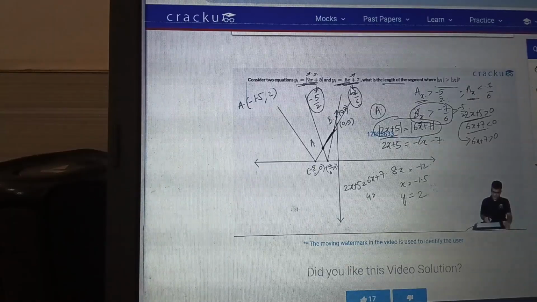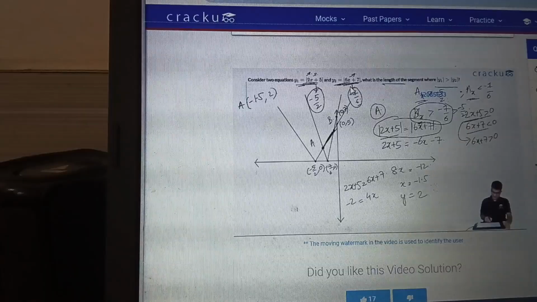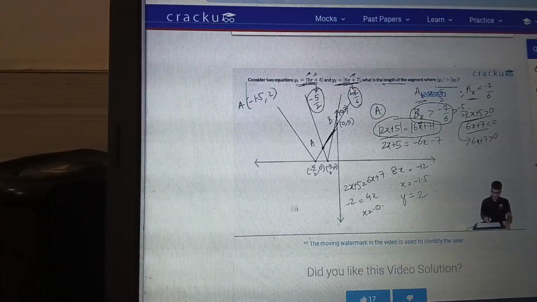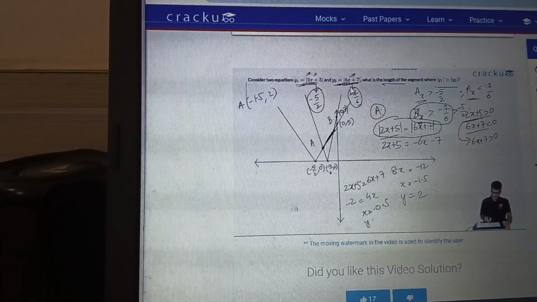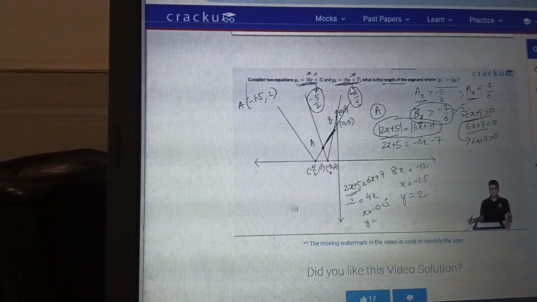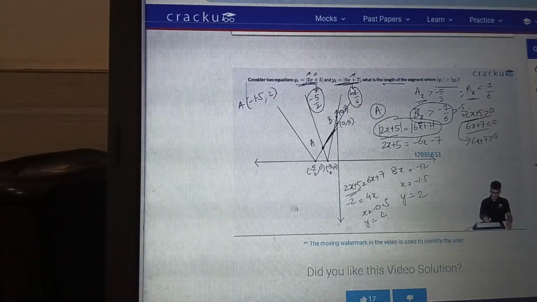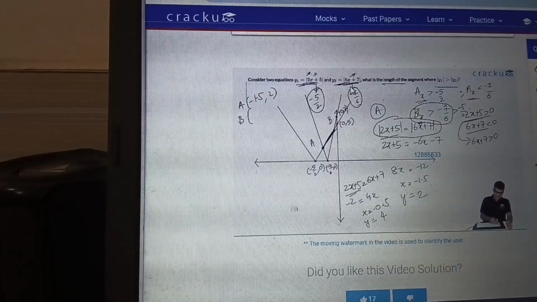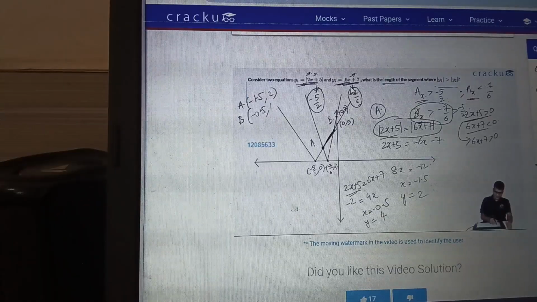Or the value of 4x is equal to minus 2, or the value of x is equal to minus 0.5. Then what is the value of y, which is equal to modulus of 2x plus 5? That will be equal to 4. So the coordinates of B is minus 0.5, comma 4.